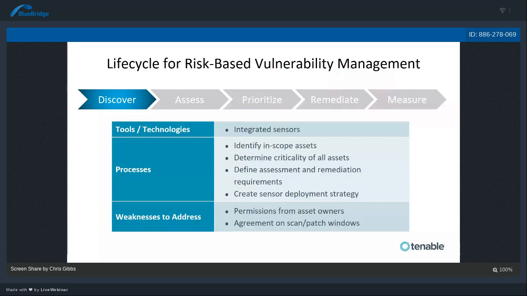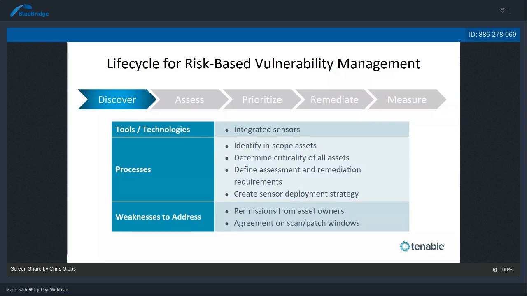Now, there are different tools and technologies available, and technically, for this stage, you could potentially not even use any tools. Okay, like you might have an asset register already that you reference in a CMDB, for example. But from a Tenable perspective, we have our sensors that you would deploy to do the initial discovery and assessment.